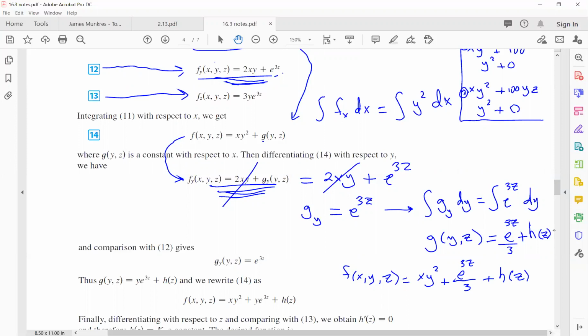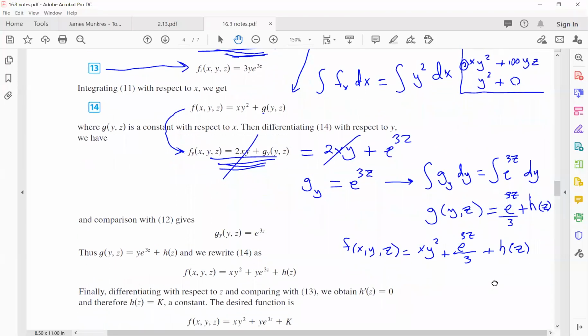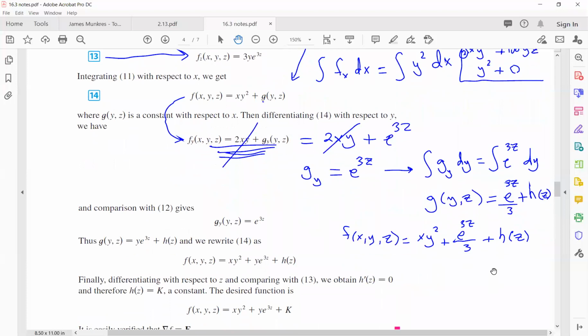We know that the partial derivative of f with respect to z is 3y e to z. If we take the partial derivative of our function with respect to z, they must be equal to each other. This is going to be just 0.